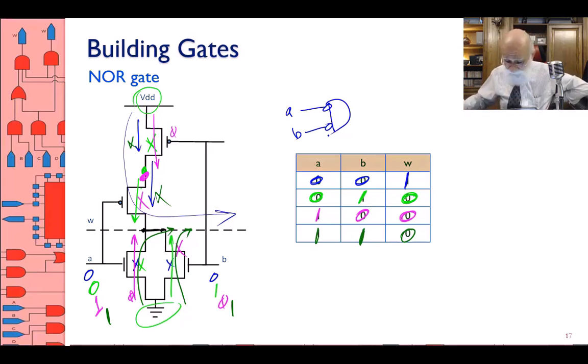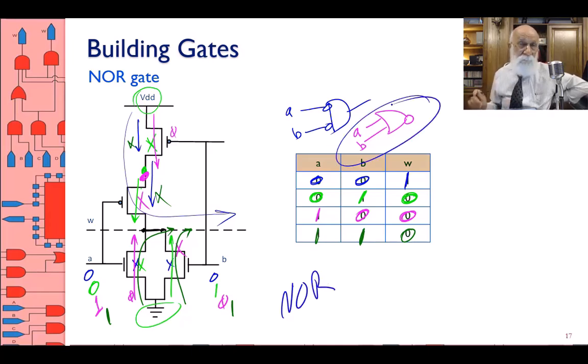I'm going to draw it differently. I have a circuit that if A is 1 or B is 1, the output is 0. Okay, both of them tell me this is a NOR gate.